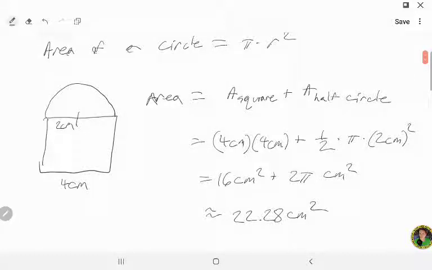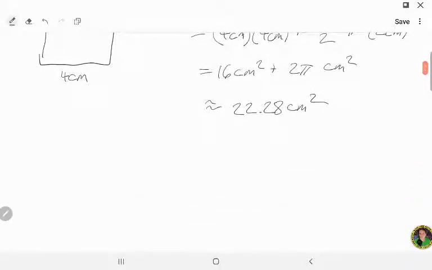And so pretty much any of these shapes can be generated by just breaking things up. Just like we broke up the regular polygons into triangles, we can break up these more complicated shapes into triangles, rectangles, and parts of circles.